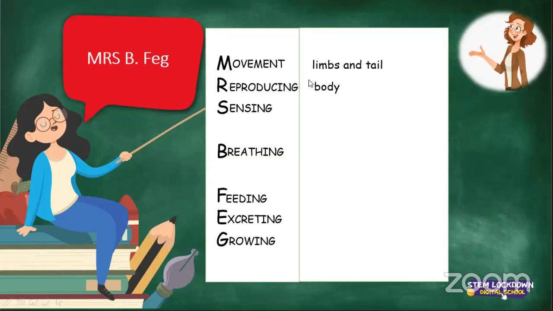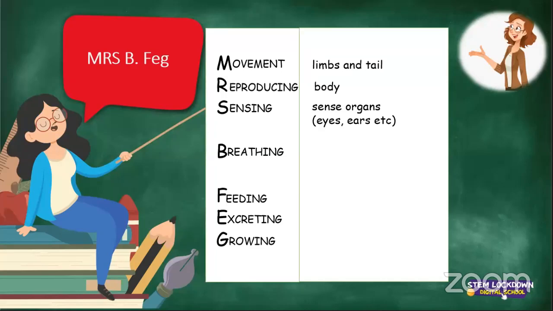When it reproduces, it comes from the body. Sensing. Which part of the animal relates to sensing? Remember the sense organs, what you see, what you hear, what you smell, yes? Good. So sensing will be the sense organs like your eyes, your ears, your nose.